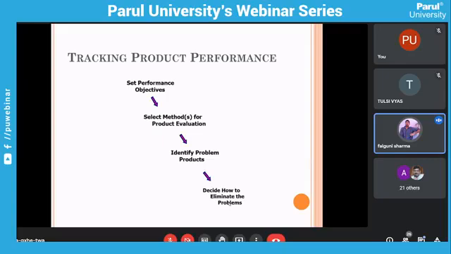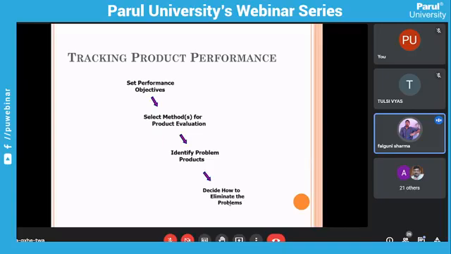Every strategy set in a single way is not able to achieve the things. That is why we have to make our strategy a little bit of a changeable set. So first we have to set the performance objective, meaning what we are looking for, who the sellers are basically.